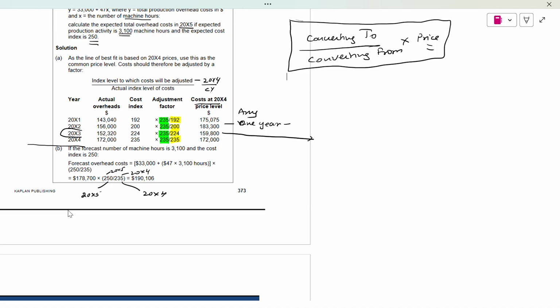Point number B. Is it okay? Take pencil and calculator and do it practically.